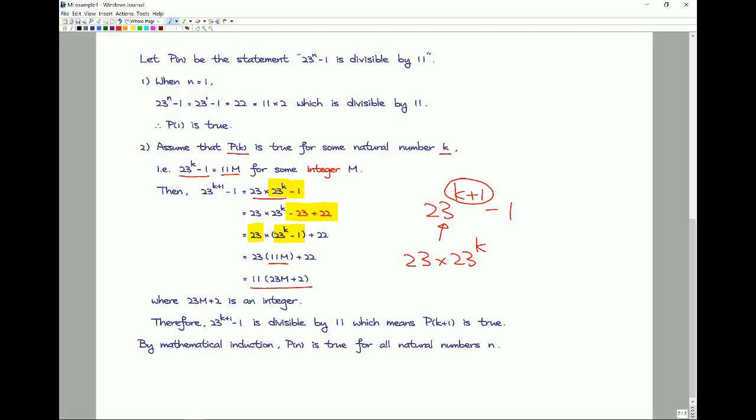Otherwise, we cannot conclude that 23m plus 2 is another integer, so we cannot conclude this expression is divisible by 11. Now, Pk plus 1 is true under the assumption that Pk is true. By mathematical induction, the result follows, and it completes the proof.